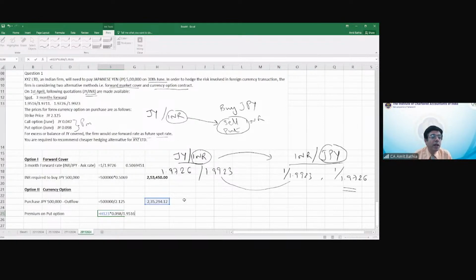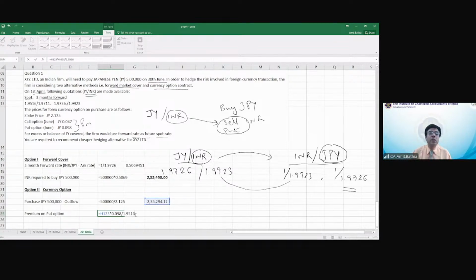Why it will be 9516 and not 9711? I need to pay the premium of 0.098 Japanese yen per Indian rupee. Am I right? Yes, sir. So I will need to convert this at which rate?